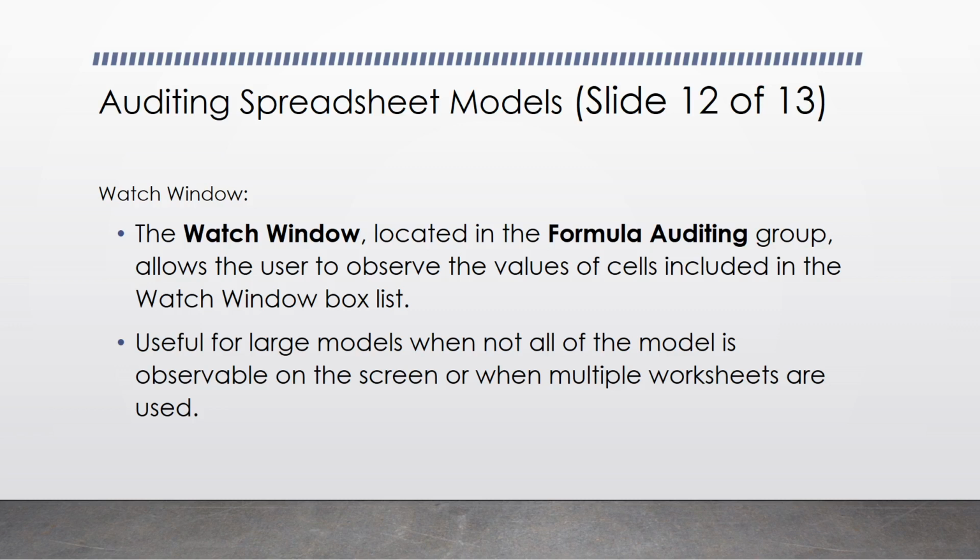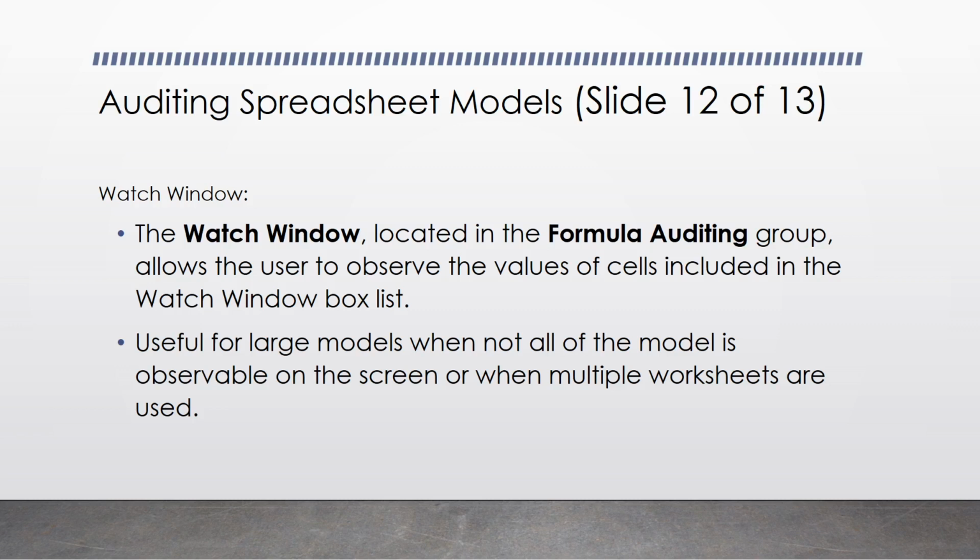And the last button, the important button, is the Watch Window. Still, it's located in the Formula Auditing group under the Formulas tab. And this allows the user to observe the values of cells included in the Watch Window list.